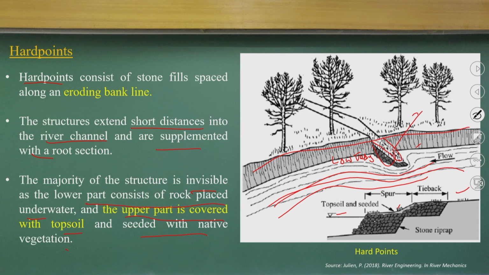The basic idea is to deflect the flow from this erodible bank by constructing these hard points, which is not very technical. The stones have tie backs and you can have a spur, and then on top, with topsoil and seed, you can have vegetation layers.